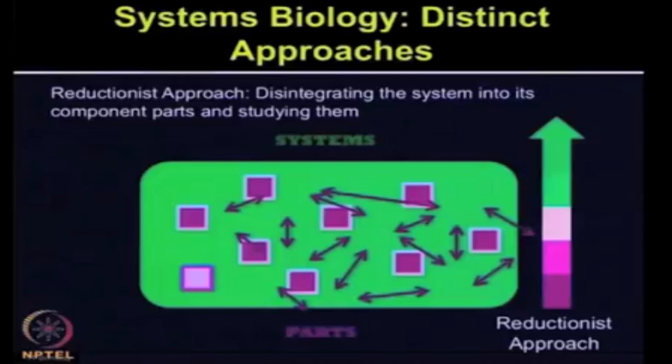The reductionist approach involves disintegrating the system into its component parts and studying them, whereas the integrative approach involves integrating the study of individual components to form conclusions about the system.